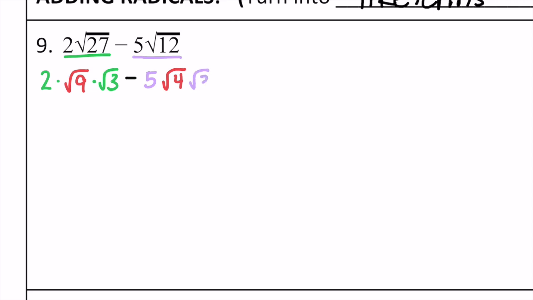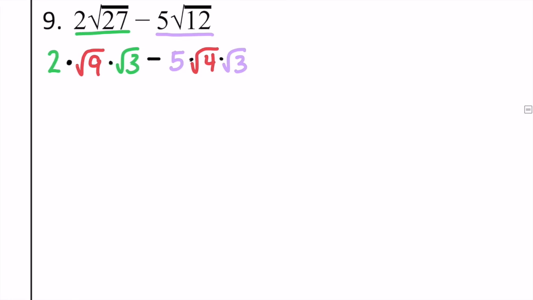So this is being multiplied together. And then I know that I can rewrite this as 2 times 3 times the square root of 3. So 2 times 3 times the square root of 3, and this is 5 times 2 times the square root of 3 that I'm multiplying together.